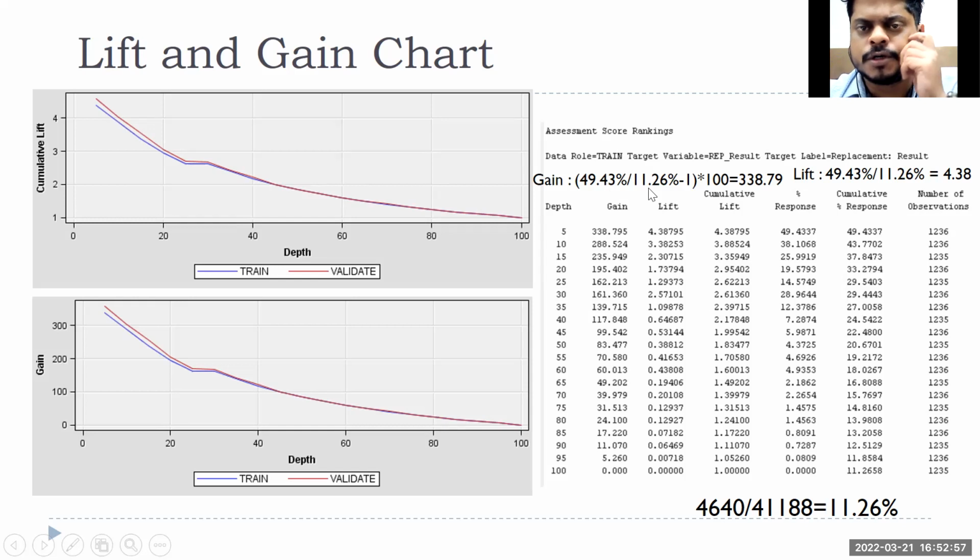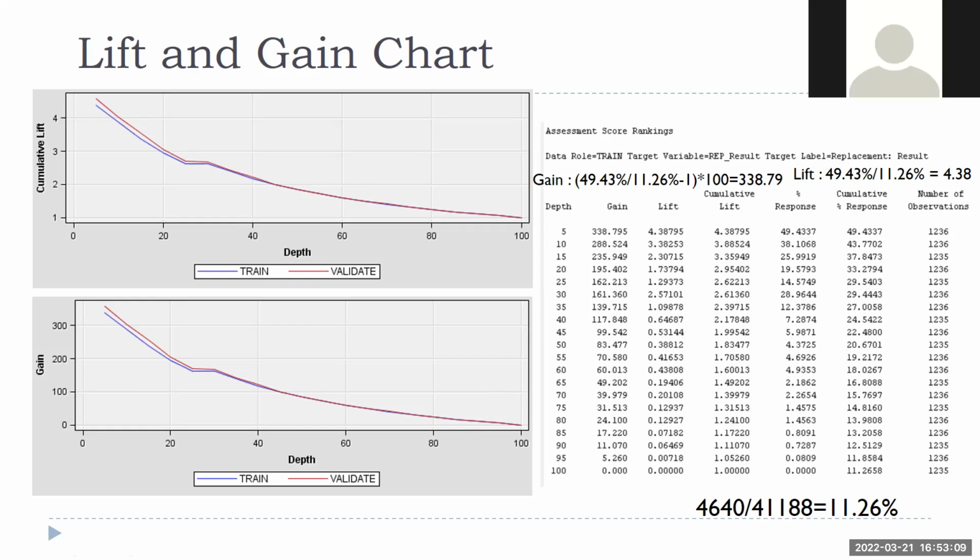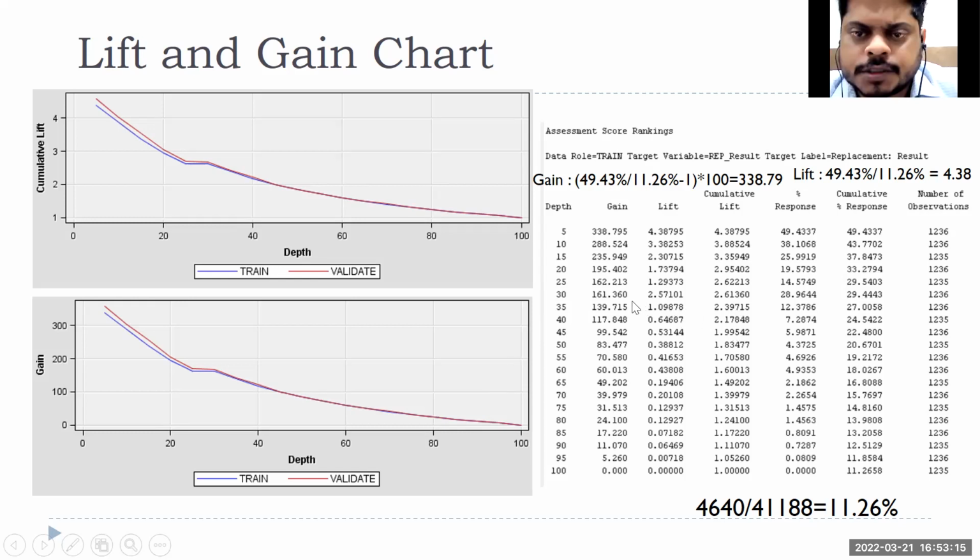Can somebody quickly calculate 29.4 divided by 11.26? How much does it come to? 2.61. So 2.61 minus 1 is 1.61, multiplied by 100, which gives you 161%.